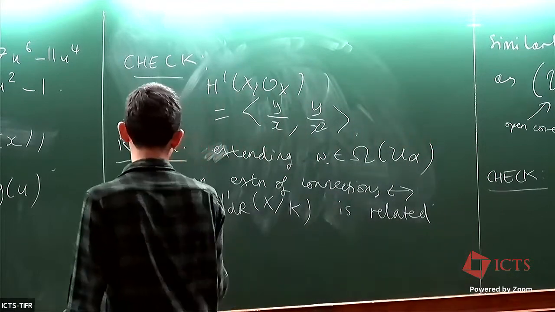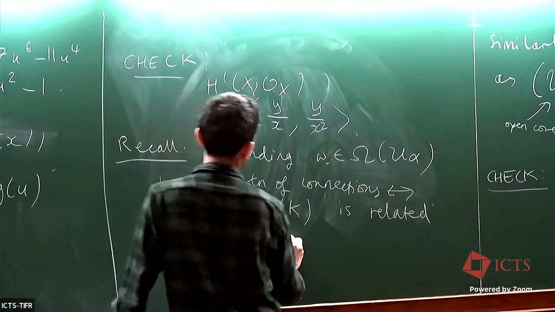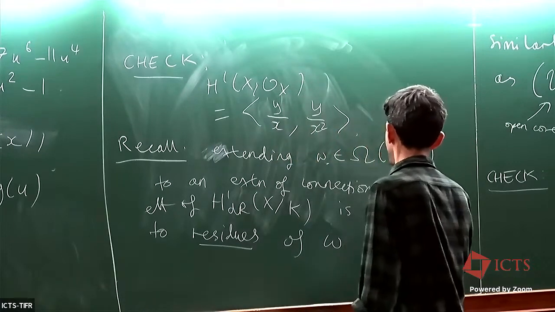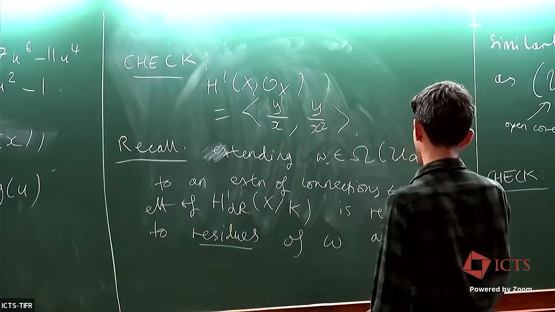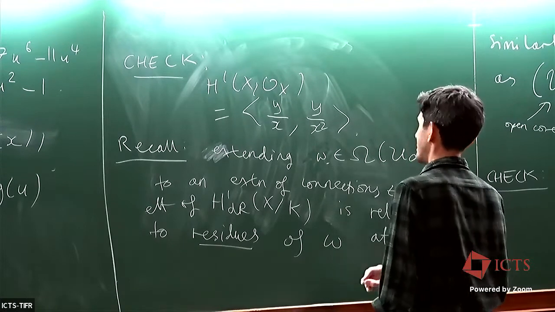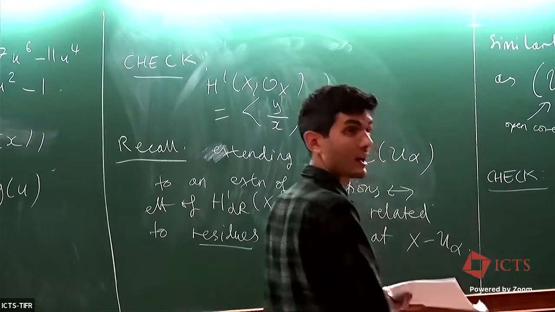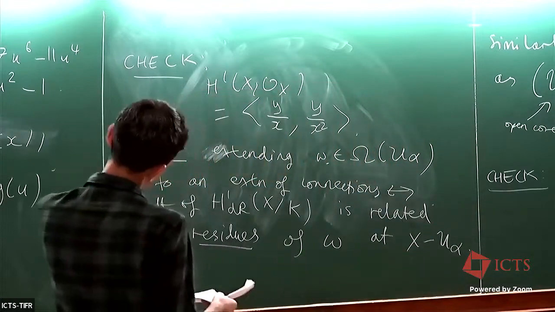It is related to the residues of omega at the points. So let's say now that X is a curve, or in general. So in particular, if X is a curve, then this is just a set of points, and we're taking the residues at those points.